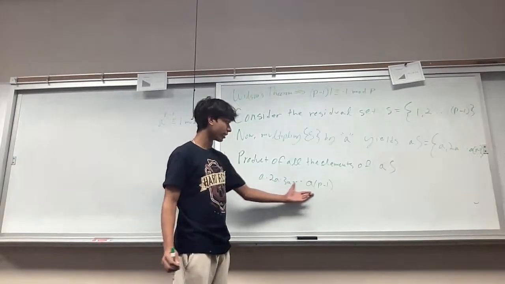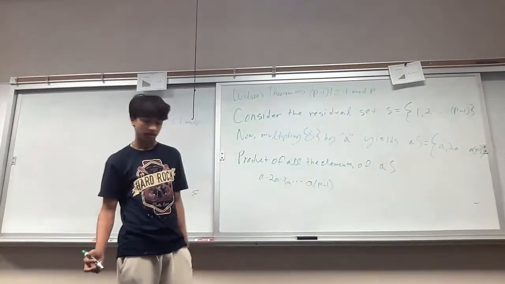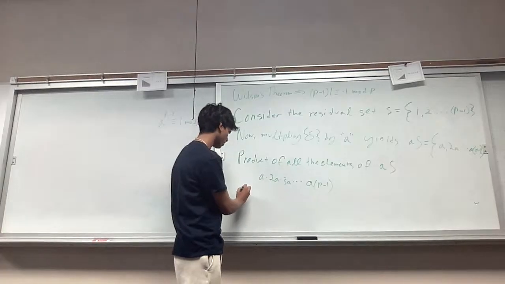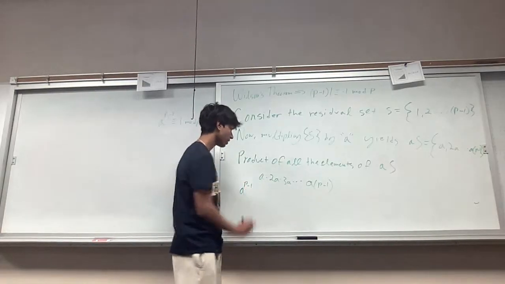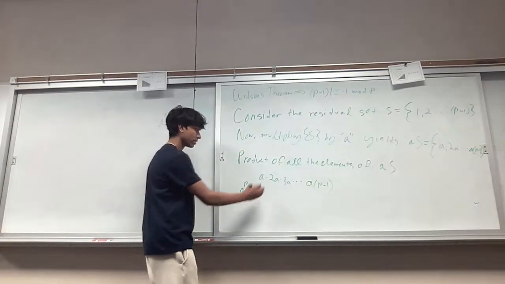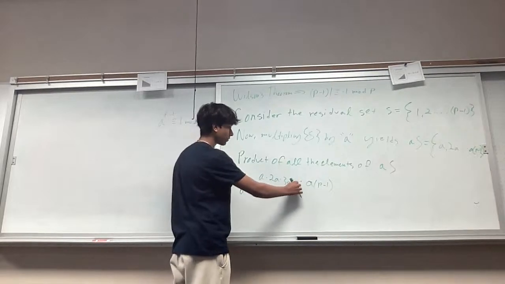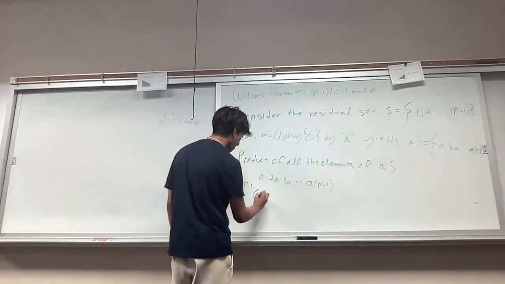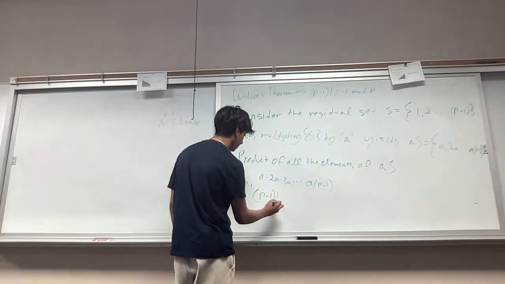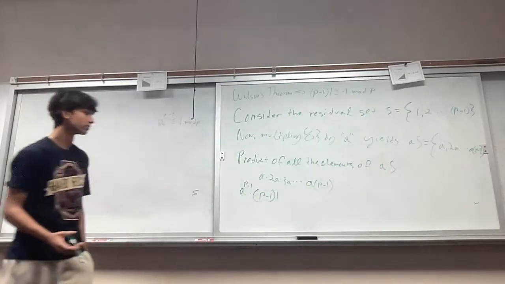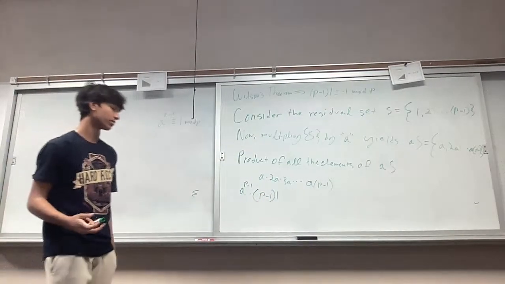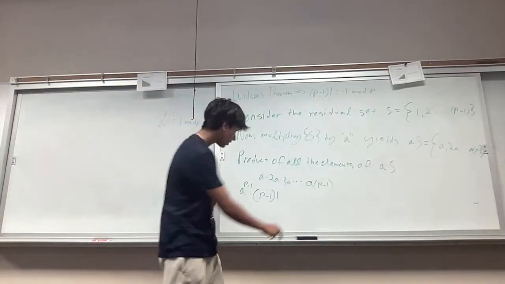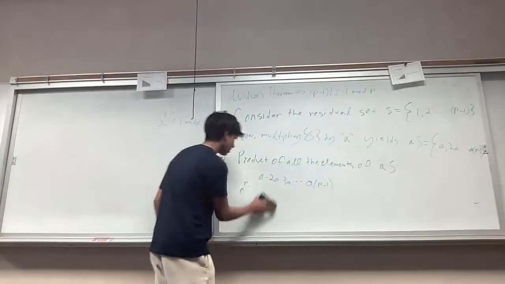How many a's are there going to be first? Exactly. There's going to be p minus 1 a's, right? So a to the p minus 1, and then times 1 times 2 times 3 times 4 all the way down to p minus 1, which is just p minus 1 factorial. Okay. So I'll write this aside.